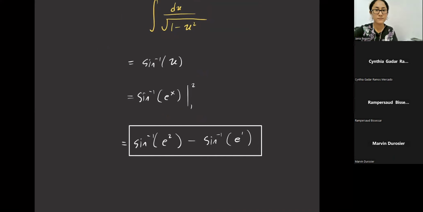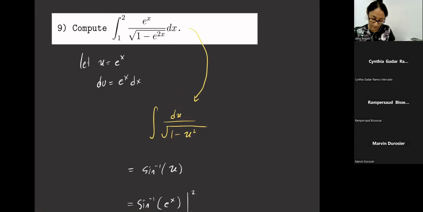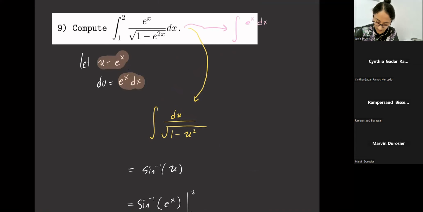For the beginning of the equation, doesn't e to the x become u instead of du? So this right here is replaced with u, and this is replaced with du. When you're rewriting the integral, you write the integral of e to the x dx over the square root of 1 minus e to the x squared.